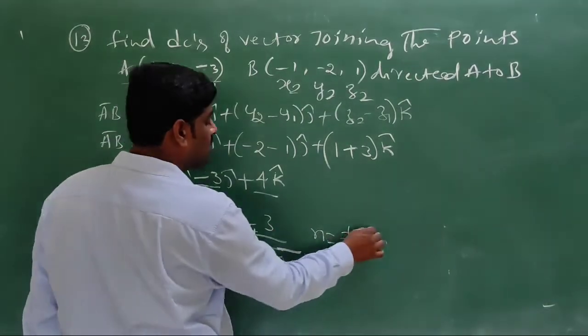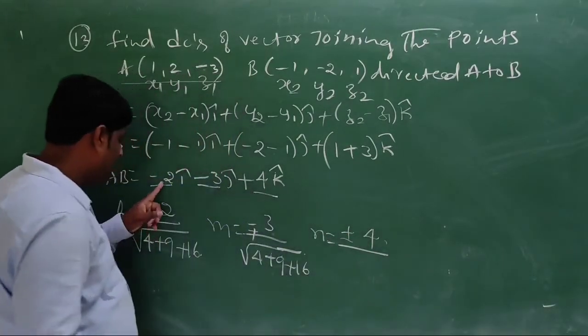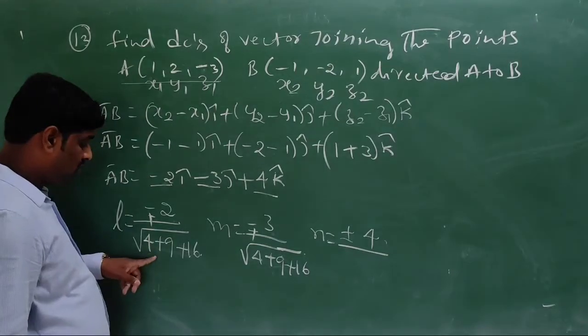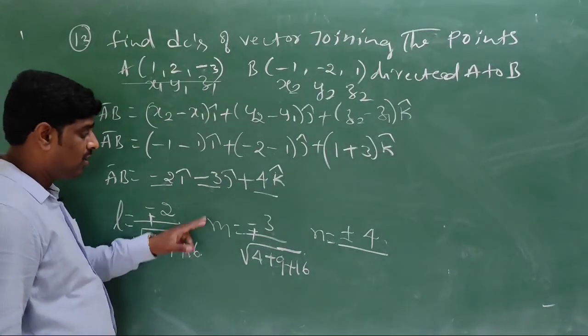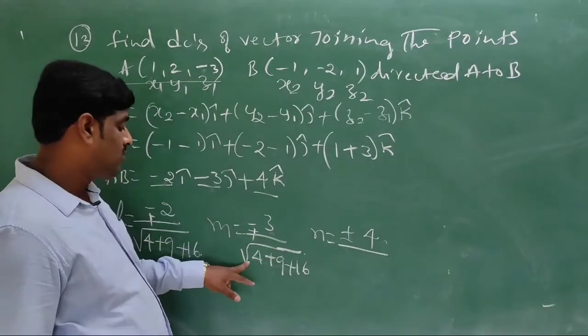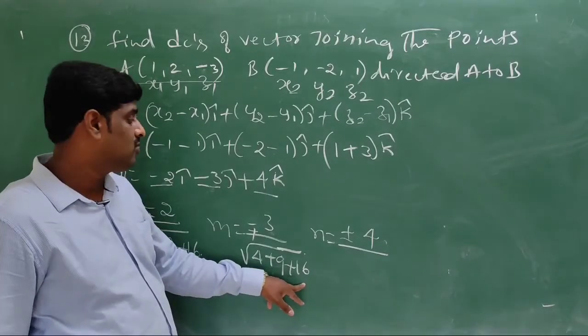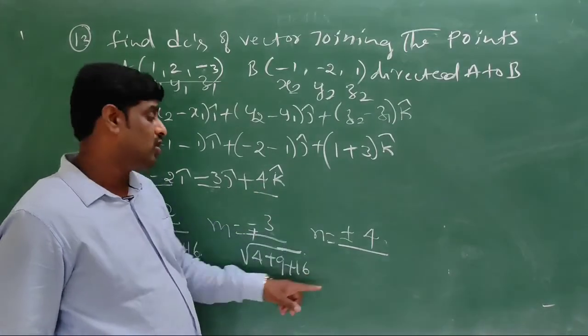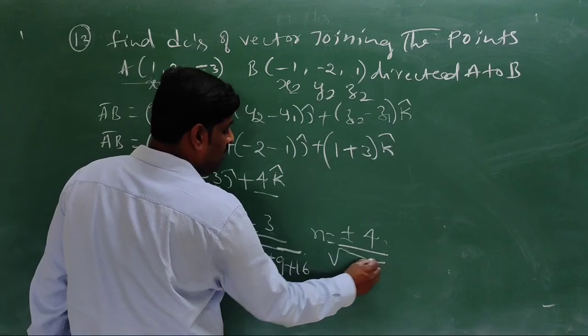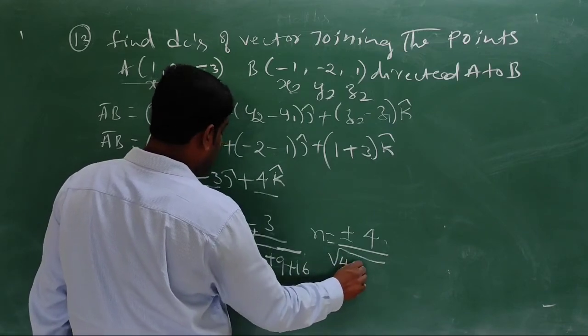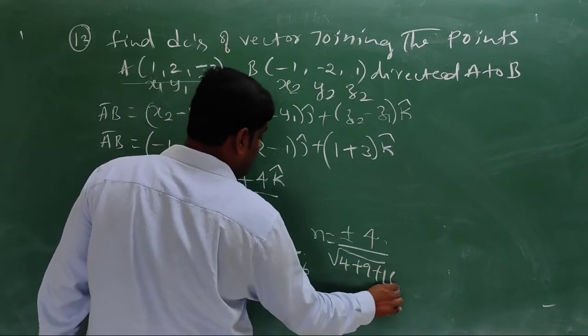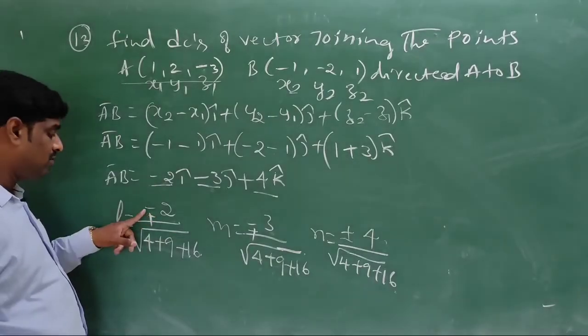See, a divided by the square root of a square plus b square plus c square, b divided by the square root of a square plus b square plus c square, c divided by the square root of a square plus b square plus c square, that is 4 plus 9 plus 16. Here minus is there, that's why minus or plus.